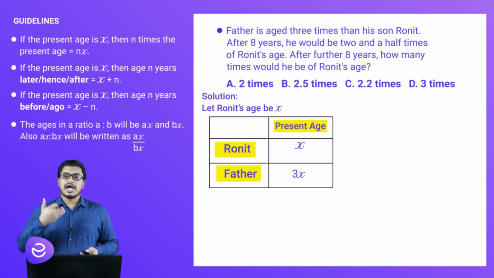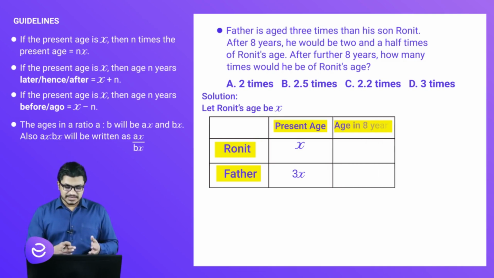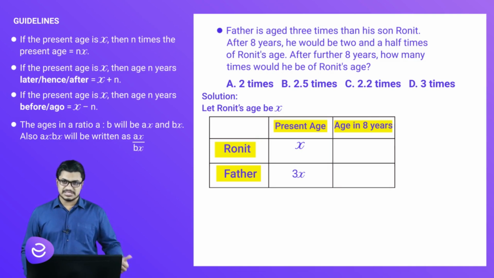Okay, next after 8 years, so we'll create another column, age in 8 years. So after 8 years he would be 2.5 times Ronit's age. So either we can write x and 2.5x as we just did before, but that won't give us much information.